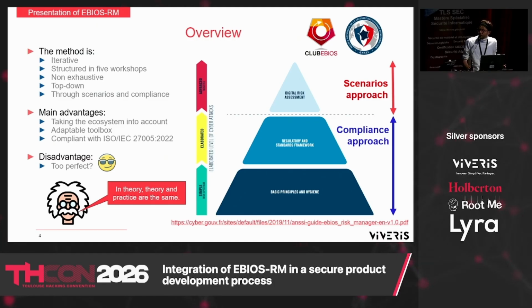And for the advantages, unlike some traditional approach, EBIOS takes the ecosystem into account. It's adaptable and compliant with ISO standards. So maybe we can wonder if it's just too perfect or if it's too good to be true.